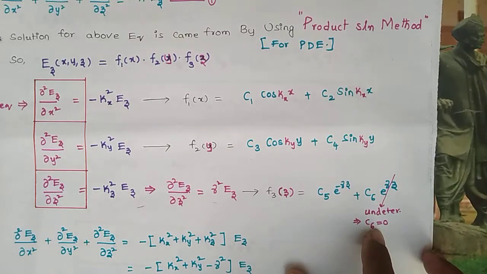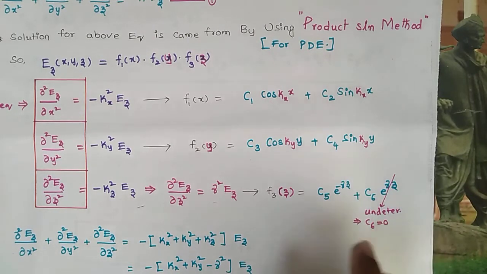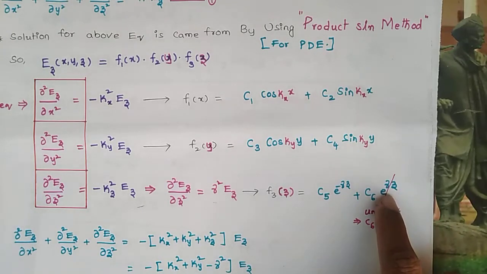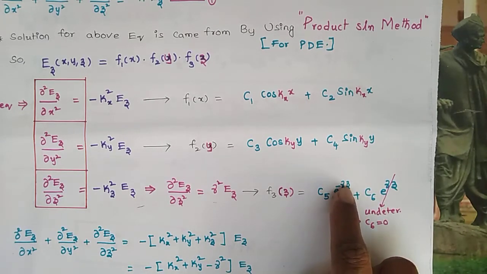Why? Because my wave is propagated along the z direction. Whenever I substitute z equals infinity, this is not a bounded value, it has the infinity value. So this is not going to satisfy our solution. That's why I am taking e to the power of minus gamma z.